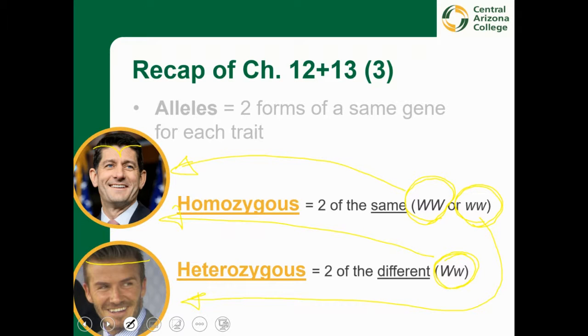The time when we talk about heterozygous alleles is when one of the alleles is different from the other one. So in this case, it will be only when we have capital W and lowercase w that we can say that now we're seeing a heterozygous combination of these alleles. Otherwise, if they were the same, it was going to be homozygous.